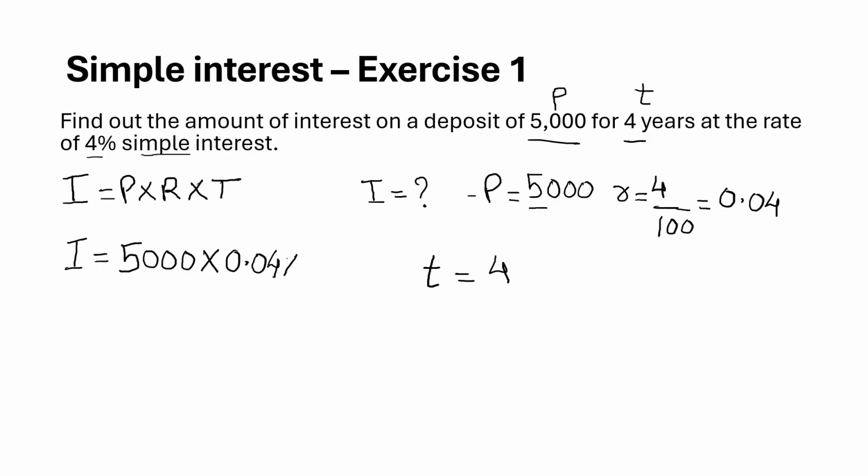Multiply by T. T is my time. For how much time I have kept it in the bank? 4 years. So what is my answer? My I is equal to, calculate on the calculator, 5000 multiplied by 0.04 multiplied by 4. So my answer is 800.